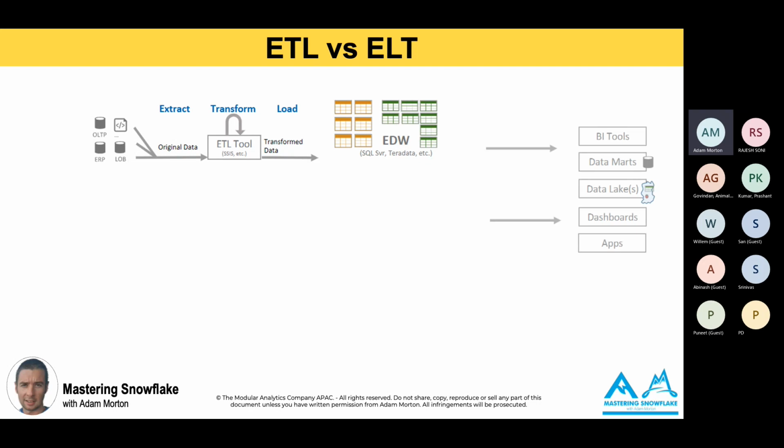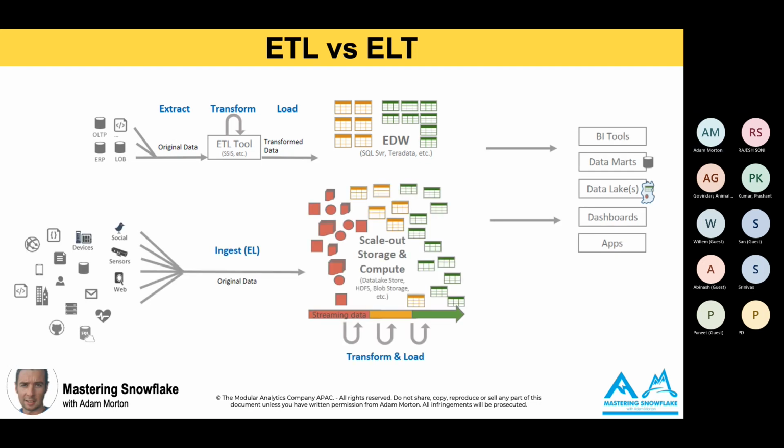But then ELT came about because of the cloud, really, and you've now got a whole range of different data sources, from structured, similar to what we had in the past, OLTP databases, through to semi-structured data, through to IoT event-based messaging, through to unstructured data like PDFs, for example, and social media as well. And because you were able to tap into the resources, which are elastic and scalable on demand, in effect, it allowed people then to land or stage the data directly onto the data platform.